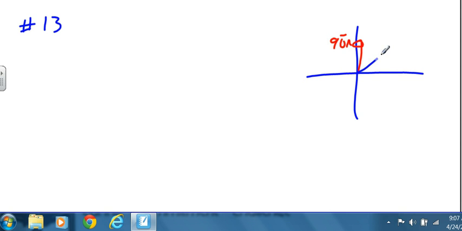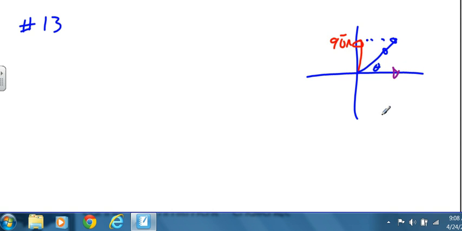I want to find out what the resistor is, so find the resistance and the inductive reactance.